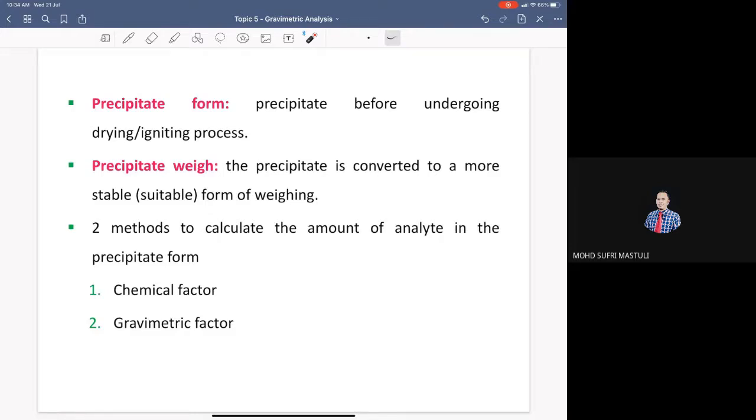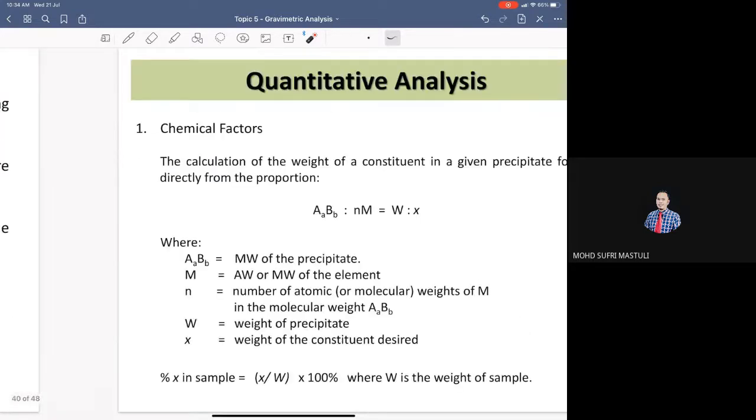If you still remember, in the previous video I talked about two methods to calculate the amount of analyte in the precipitate form. It can be calculated by using the chemical factor or the gravimetric factor. In this video, we will learn these two methods.